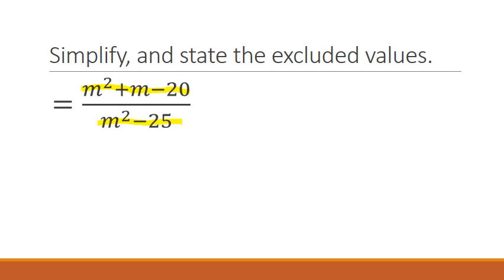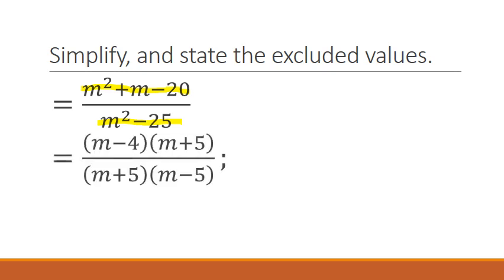We can have m squared plus m minus 20 as m minus 4 multiplied by m plus 5. And then the other one, m squared minus 25, is m plus 5 and m minus 5.